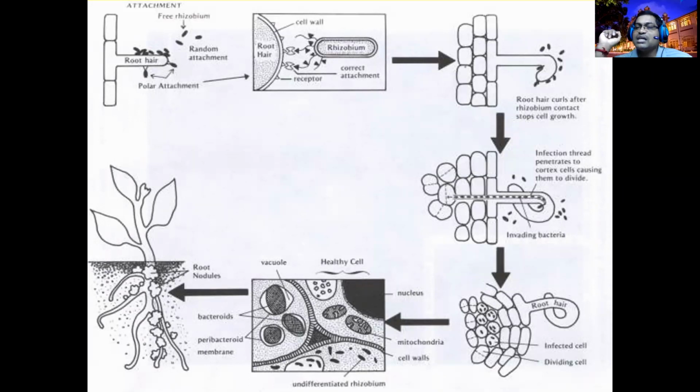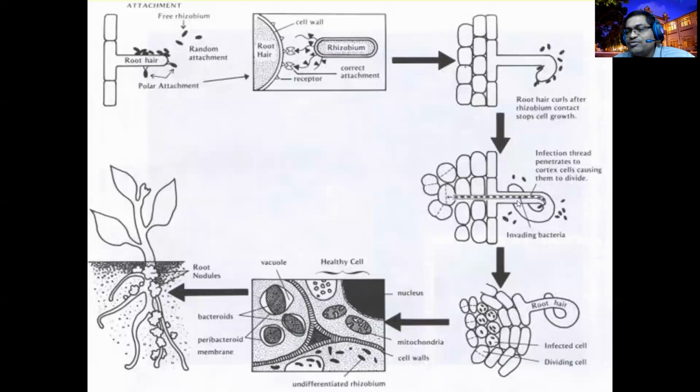If this communication is successful, then the bacteria will produce an infection thread. This infection thread tries to curl the root hairs. So the root hairs will keep bending down and try to curl.